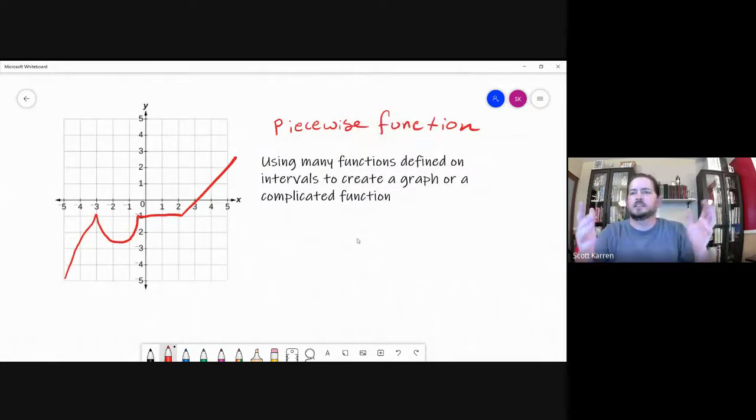It's just saying, hey, this is too complicated to get some big ugly function to describe it, so I'm just going to do it in pieces, because it's easy to describe a straight line over here with one function, and then a parabola with a different function, then constant, and then some other linear type function. It's easy to do that just piece by piece.